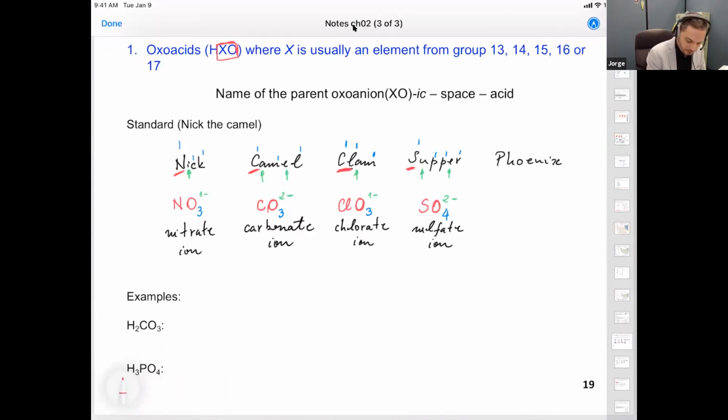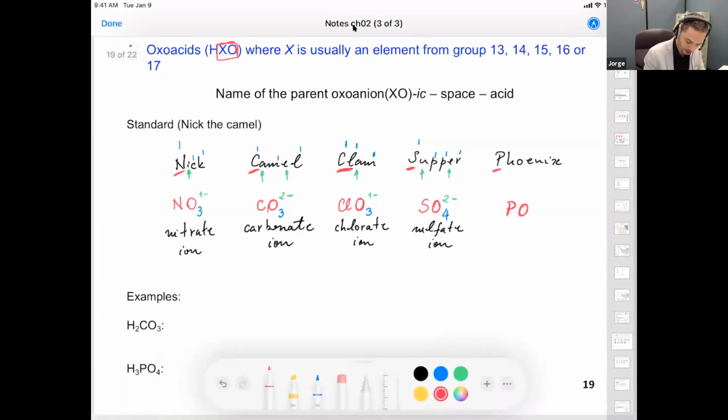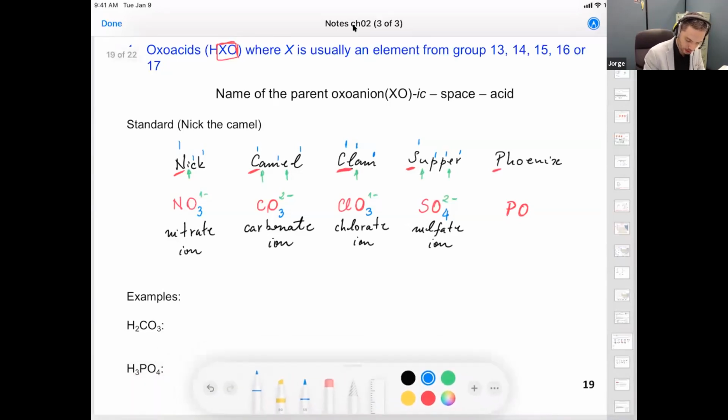And finally, phosphorus. We have here P, that stands for phosphorus, always followed by oxygens. The number of oxygens is going to be equal to the number of consonants: 1, 2, 3, and 4.